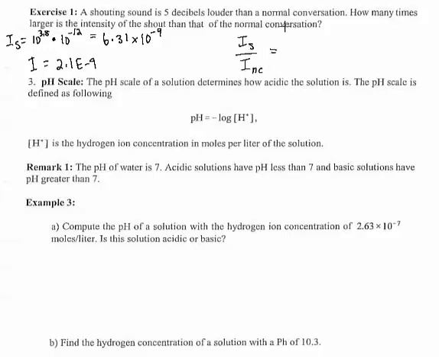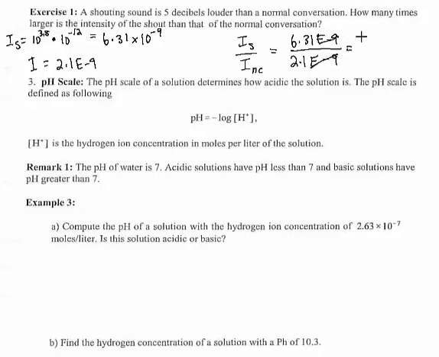We make a ratio of them if we want to know how many times larger one is than the other. And we divide the values that we got. The normal conversation intensity goes on the bottom, with a 10 to the negative 9 on the top and bottom.